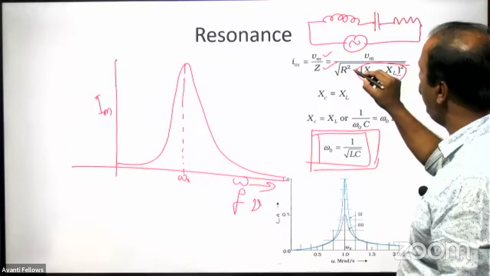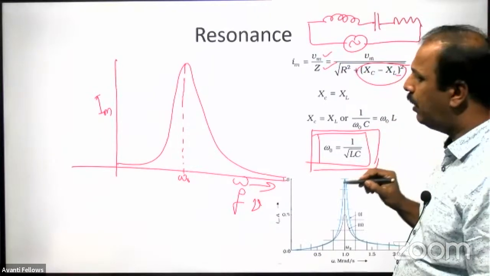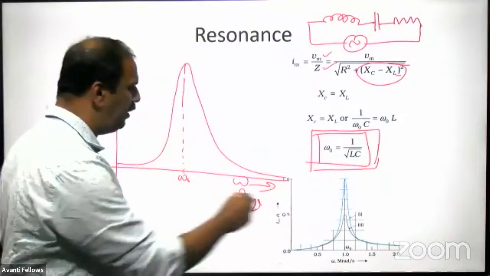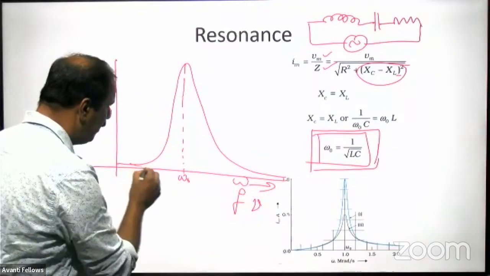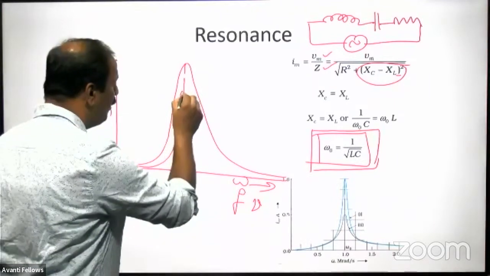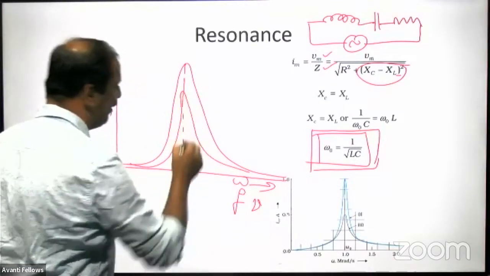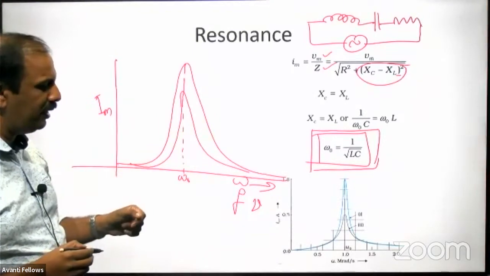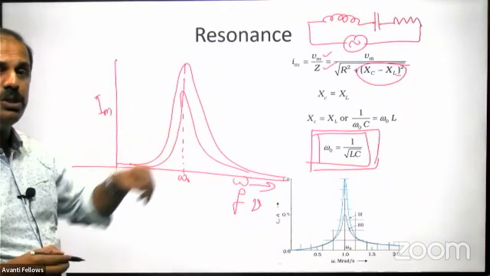Now you see here, if you change the resistance, you will get a different graph. But you can see that for different resistances, you will get different graphs, but the maximum value will be the same. So this is for a higher resistance, and this is for a lower resistance. That can come as questions for you.